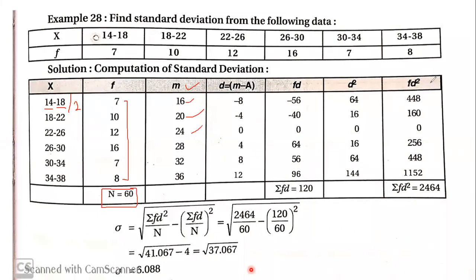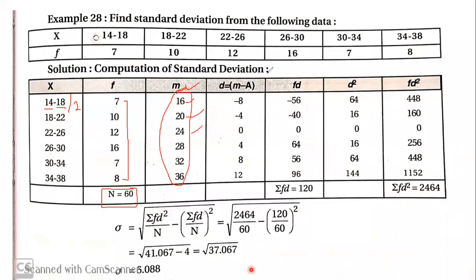Now, once you get the midpoints, the next step for us is to calculate the deviations. So how to calculate the deviations? Here in the continuous series we have midpoint. Instead of x we have midpoint. So midpoint minus assumed mean. So how do we find the assumed mean? We have to again go back to the midpoint only and select one number from here.